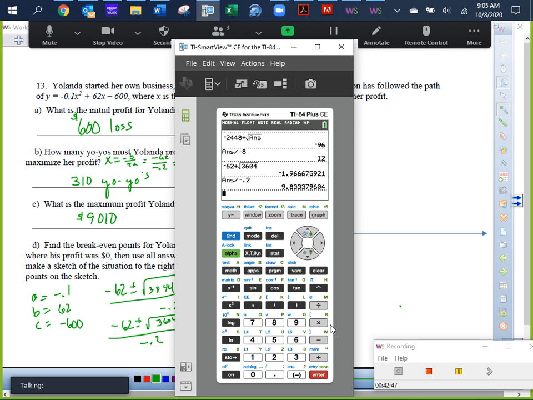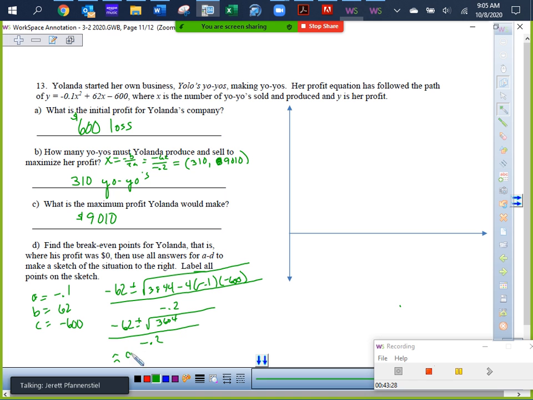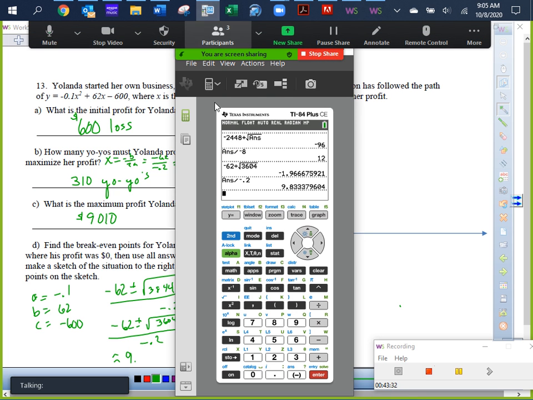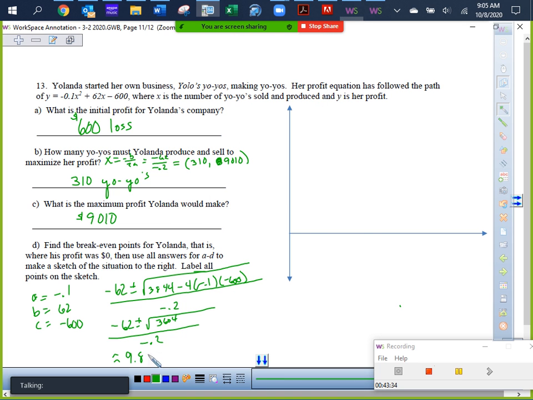Did you guys get a decimal number also when you did that? It just means that the math wasn't so nice, but she's got to sell probably not 9 yo-yos, but 10 yo-yos to break even. You obviously aren't selling part of the yo-yo, but we'll say about 9.8. We'll do 2 decimals, I guess, that's what we have been doing. So we'll do about 9.83. Or the other one, I'll let you guys punch it in.